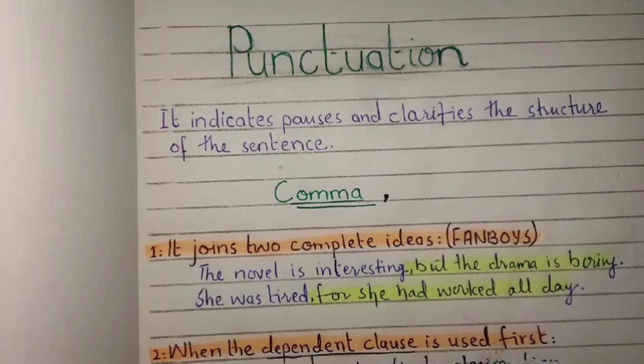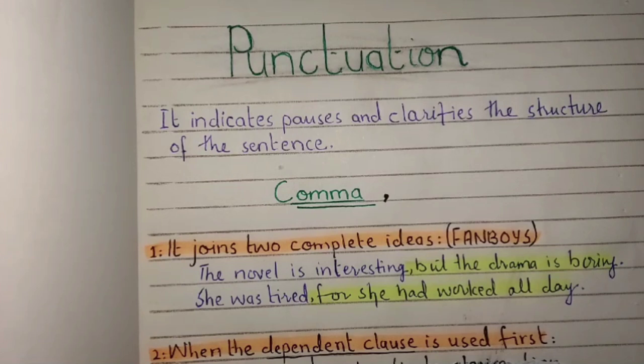The first punctuation that we are going to study is comma. First rule is that it joins two complete ideas. Now these complete ideas means what? Means two independent clauses. The novel is interesting. This is our first independent clause. The drama is boring.